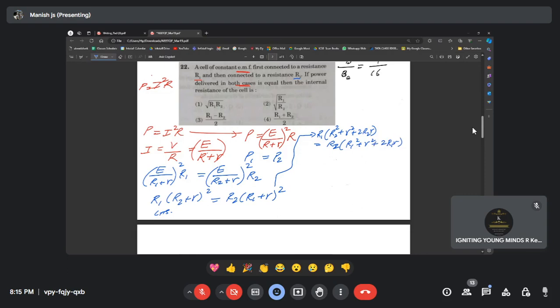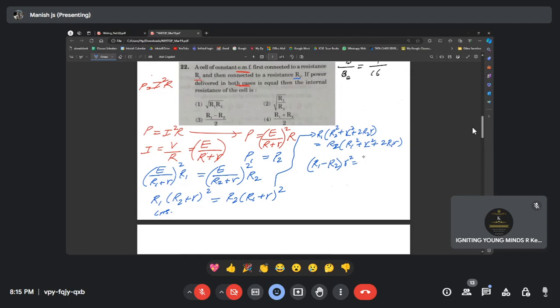Okay, that's it. Now here, what can I take as common? You can see that small r squared is there on both the sides of the equation. So let me take small r to one side. Okay, so I can take it out as common. So I'll get R1 minus R2 times r squared within brackets, because that is common, is equal to, on the right hand side, we can again simplify it.